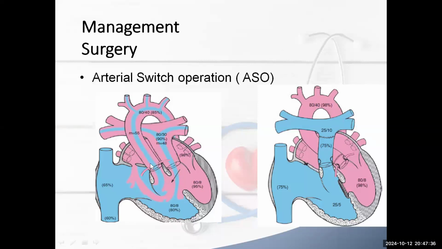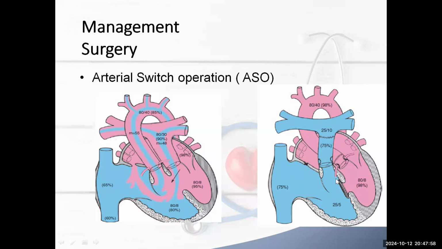But the cut is done above the level of the coronaries. They don't resect the arteries from their roots. They cut the tube, the arteries, above the level of the coronaries. So they cut the aorta above the level of the coronary and the pulmonary at the same level, and they put each in the place of the other.